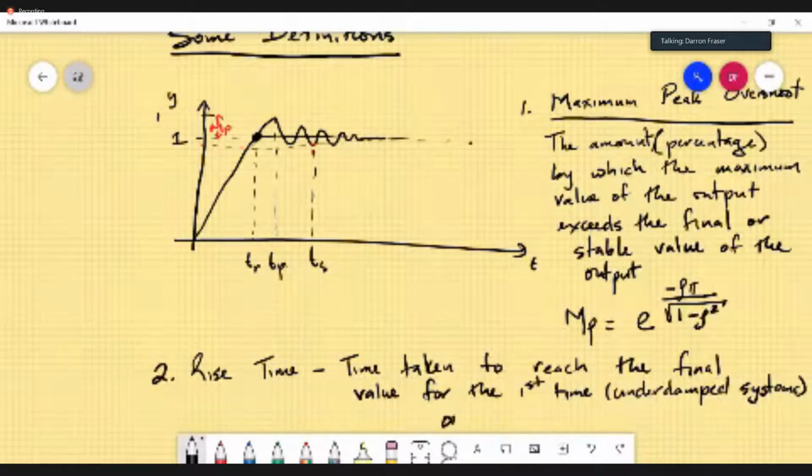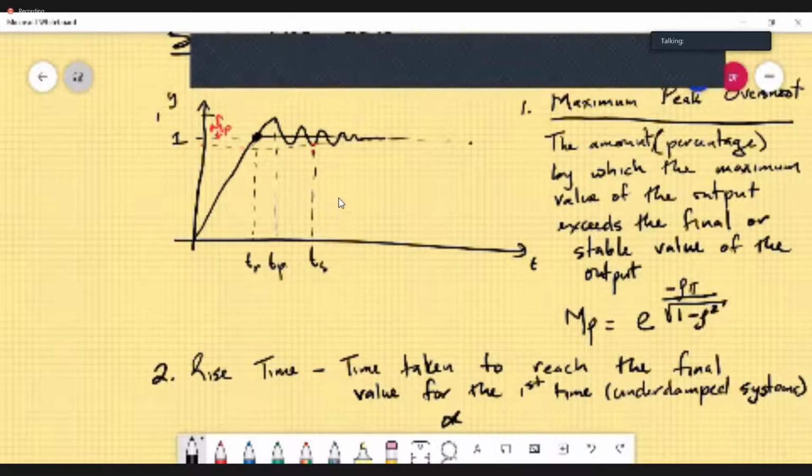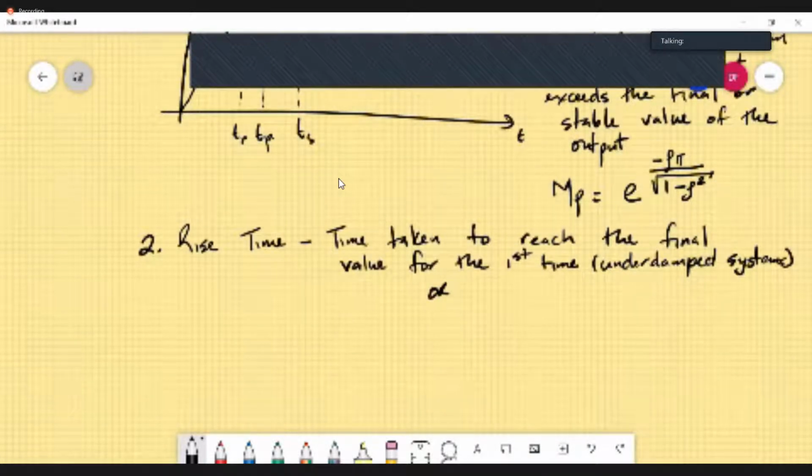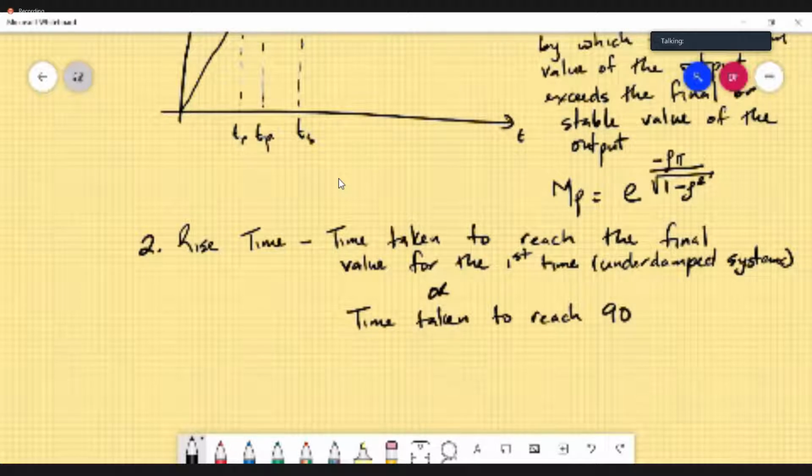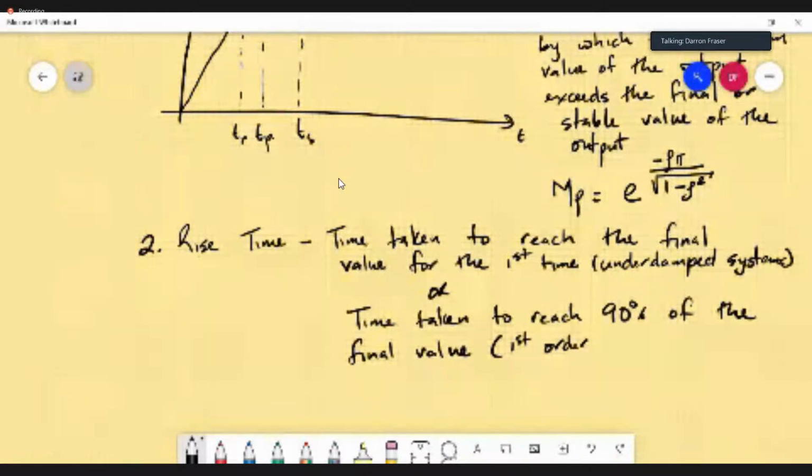Or the time taken to reach 90% of the final value. So this is for first order or overdamped systems.